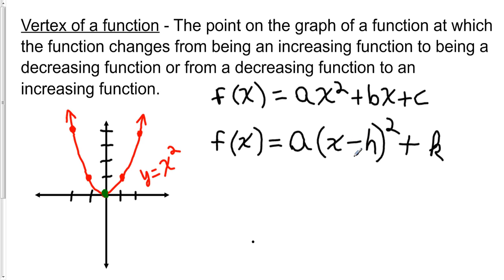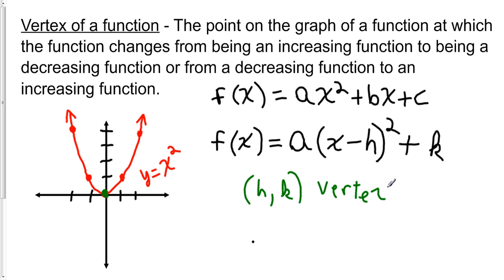If you wanted to find the vertex of those parabolas, you would look at this vertex form, because the vertex would be h, k. So instead of 0, 0, it would be the point h comma k for the vertex.